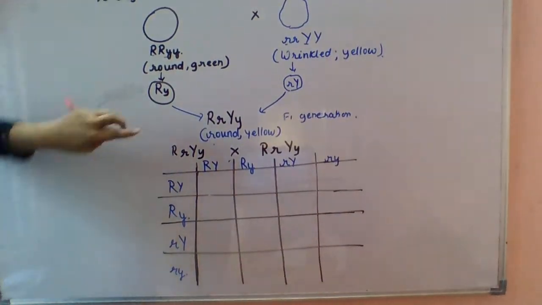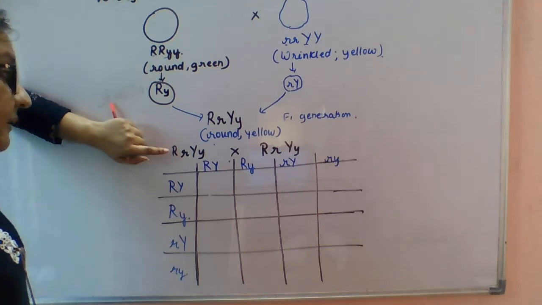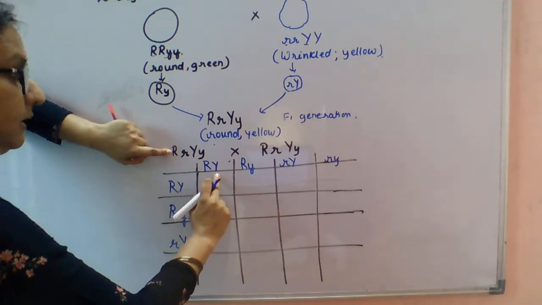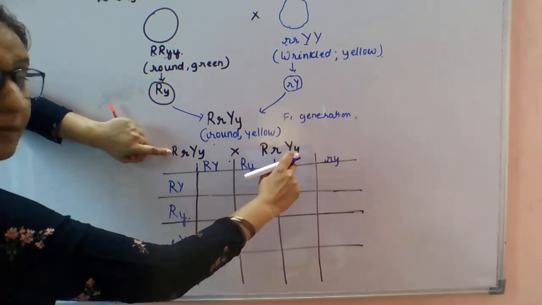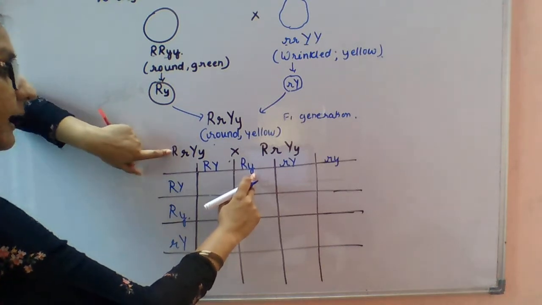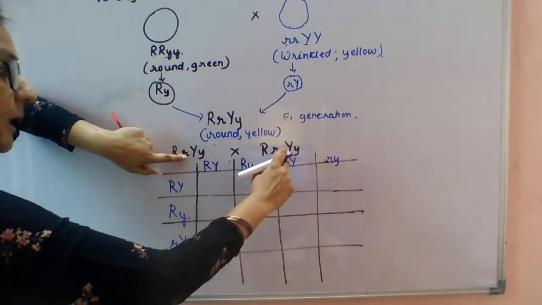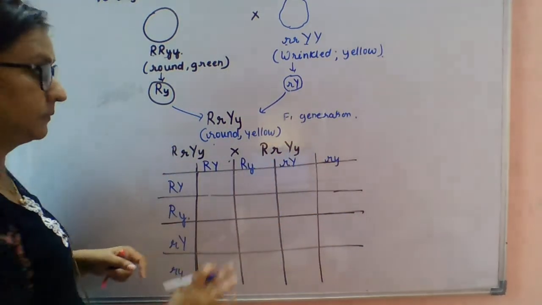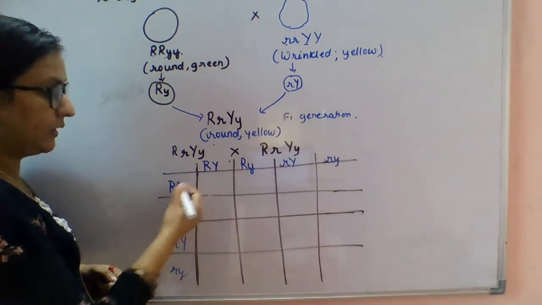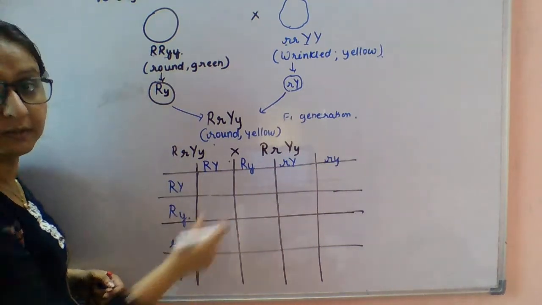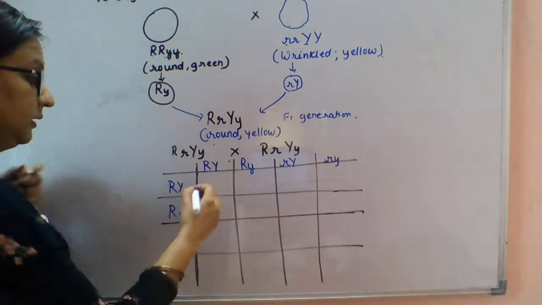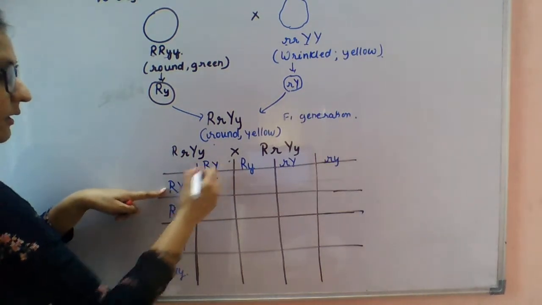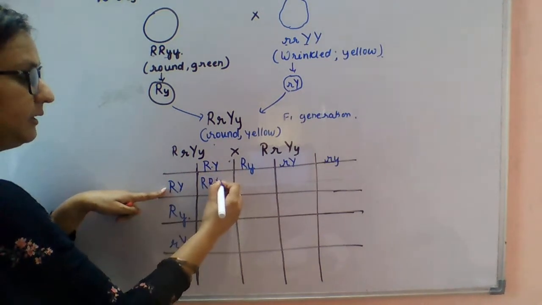All of you see. So again take the characteristics. Capital R, capital Y. Capital R, capital Y. And then again capital R, small y. Capital R, small y. And now small r, capital Y. And now small r, small y. And the same things you can write here also: RY, RY, RY, RY. Now we are making this checkerboard: R, R, capital Y multiplied.